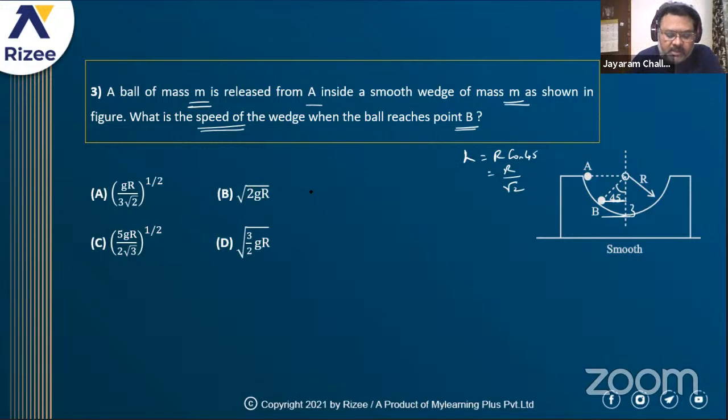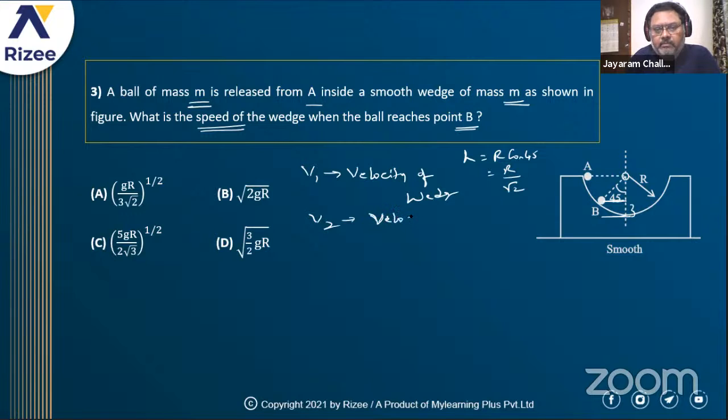Now let me first write out: let v1 be the velocity of the wedge, and v2 the velocity of the ball. So these are the things that we have defined.